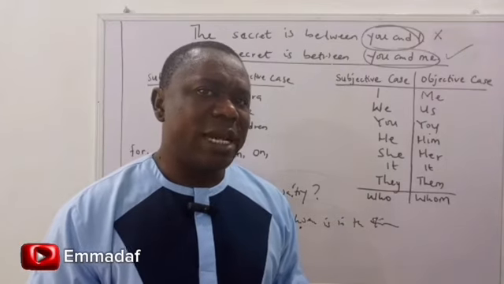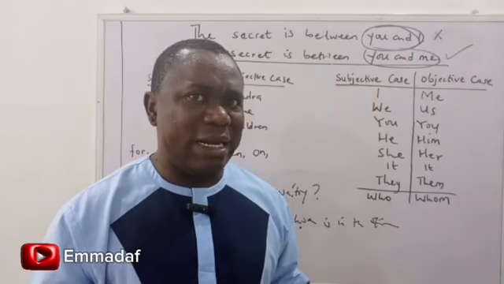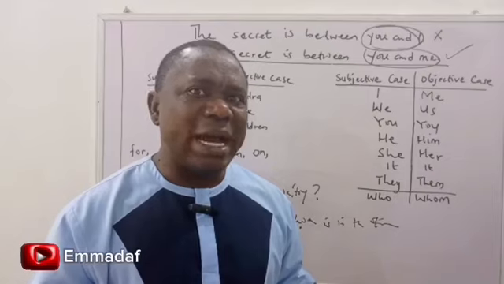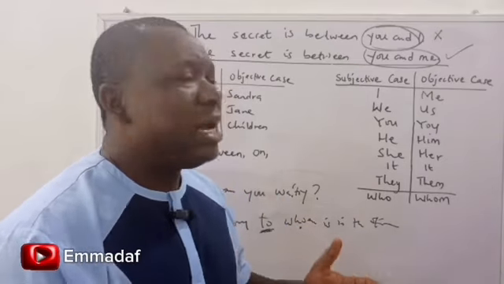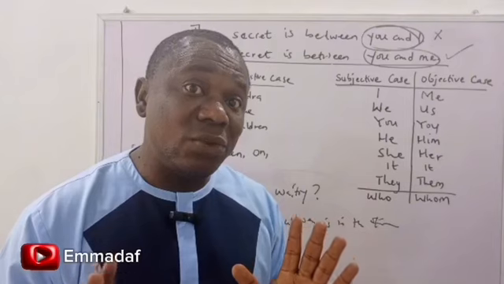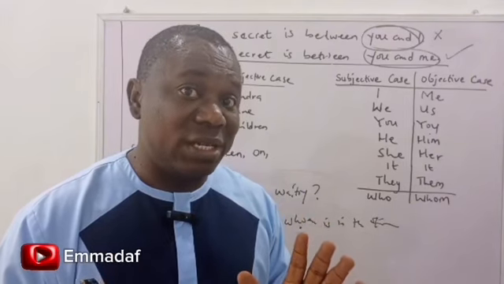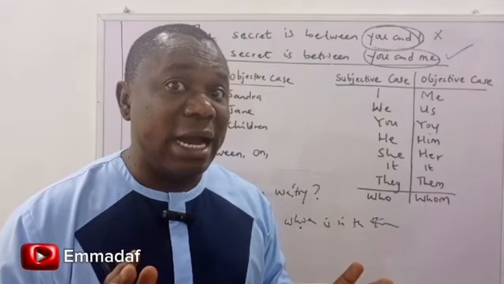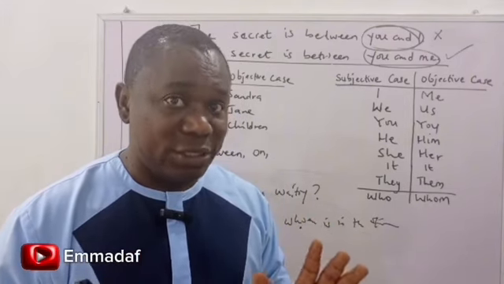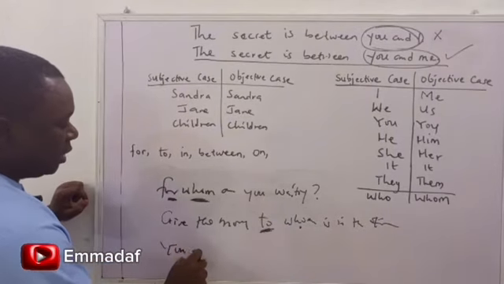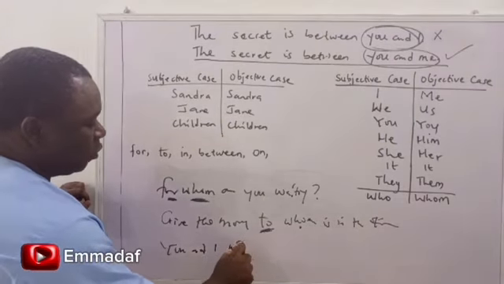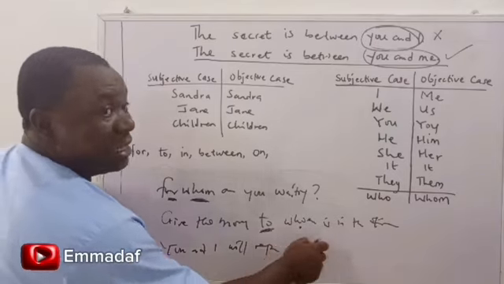A lot of the times, students are almost always surprised, and in fact, they want to argue because they are used to you and I. There are sentences where you and I will be the correct expression. For example, you and I will represent the class.